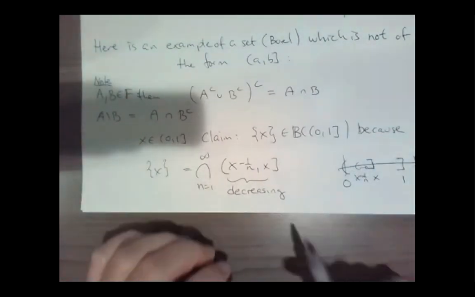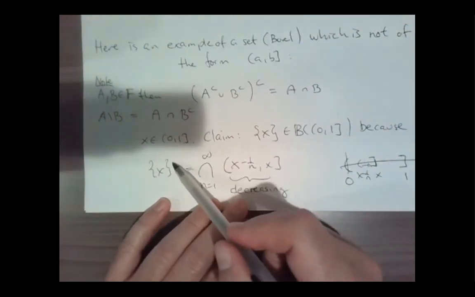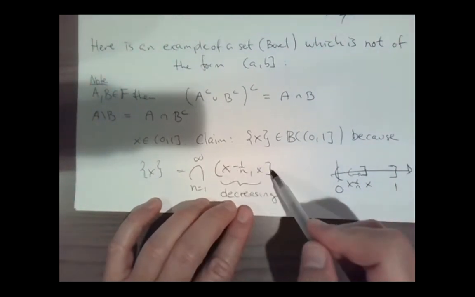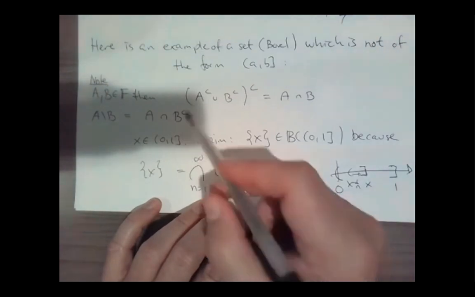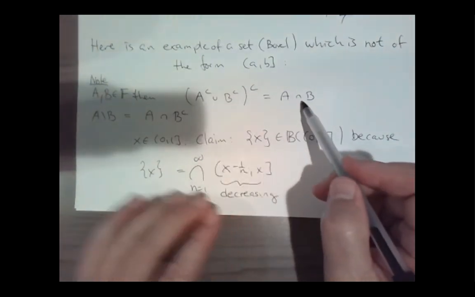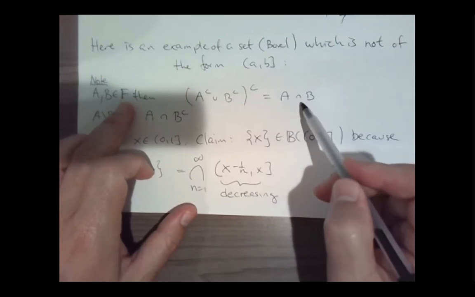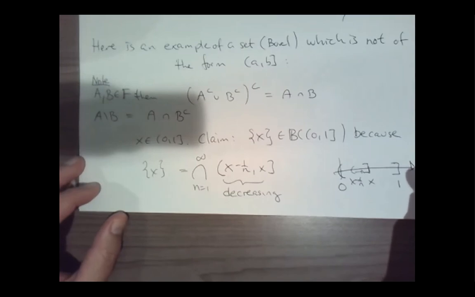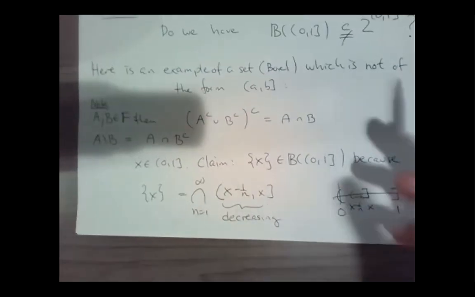And so there I have it, because I have now been able to write the set that I'm interested in in terms of half-open intervals, in this case, a bunch of intersections. And that's permissible because if I have sets that are in the Borel sigma algebra, their intersections are also going to be in there. So here's an example of a Borel set that does not have this form.